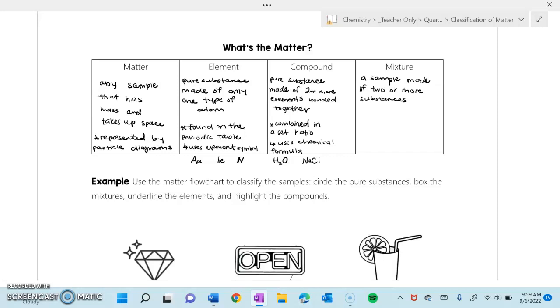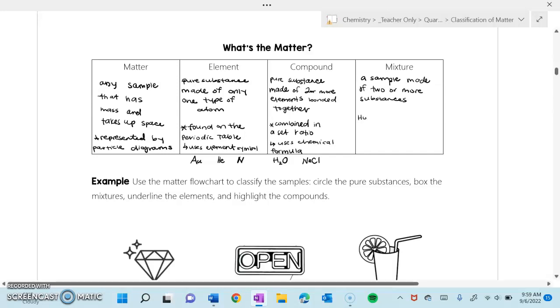There are two different types of mixtures. There's homogeneous and heterogeneous. And homo means the same. So if you think about a homogeneous mixture, then it's going to be the same composition throughout. Or sometimes we say that it's a smooth solution. So that's what I'm going to put here, a smooth solution. Kind of like lemonade.